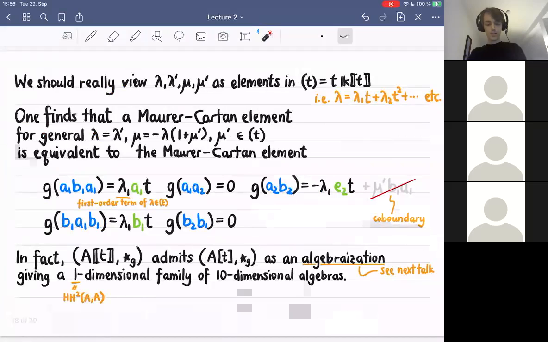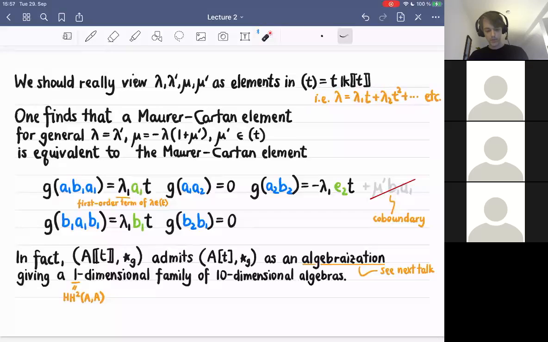But if we want to do this in the formal context, we can also talk about equivalence of Maurer-Cartan elements, and then lambda should actually be viewed as an element in this ideal T. So lambda is like a formal power series. Then you can find that for general power series lambda and mu prime, we can kill mu prime like this.